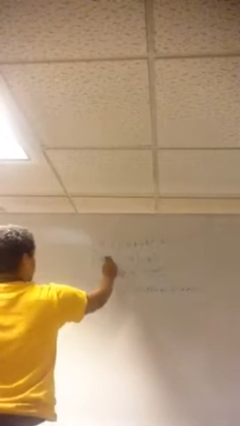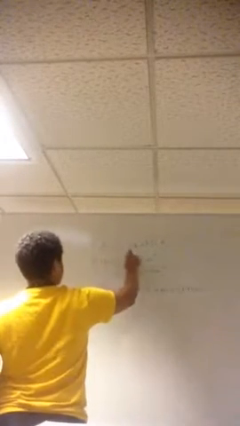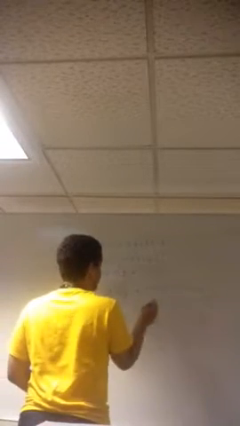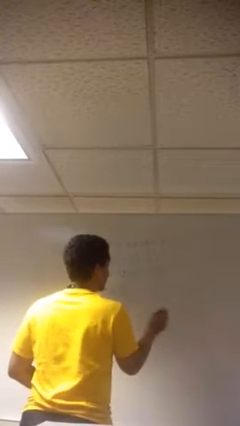So the derivative of f of g of h of a is going to equal h prime of a times the derivative of g at h of a times f prime at g of h of a.